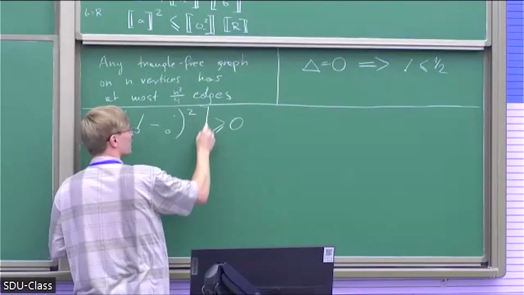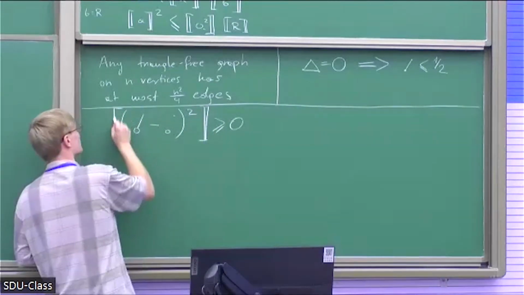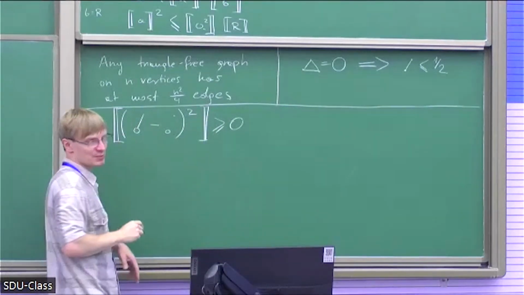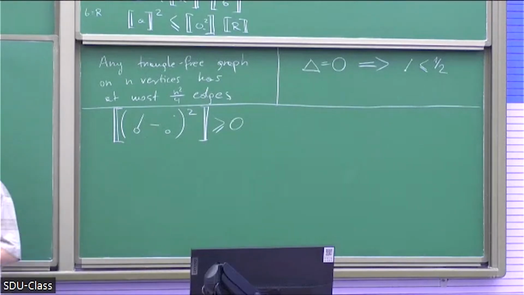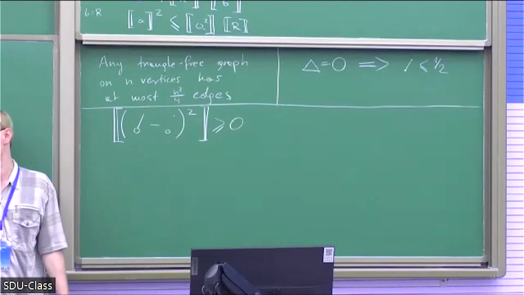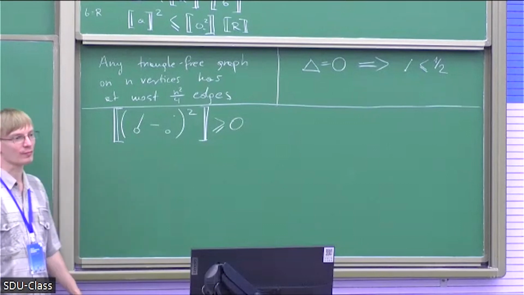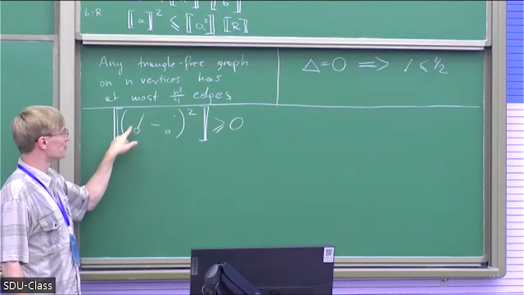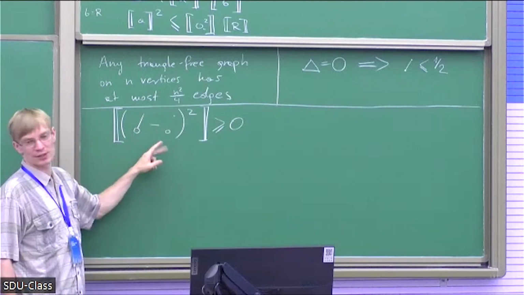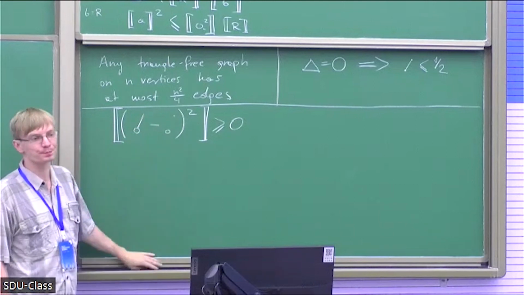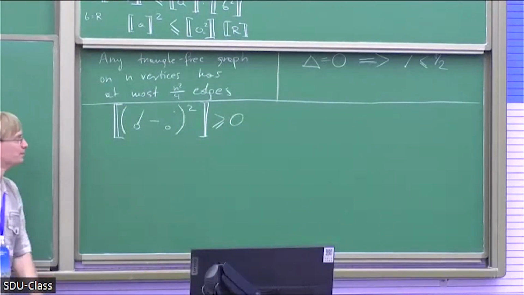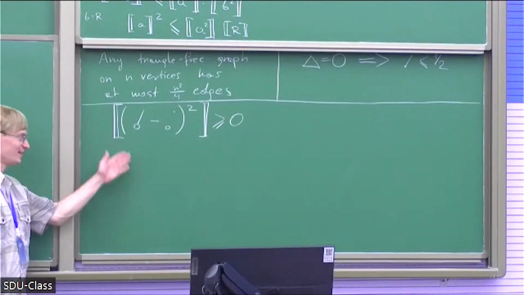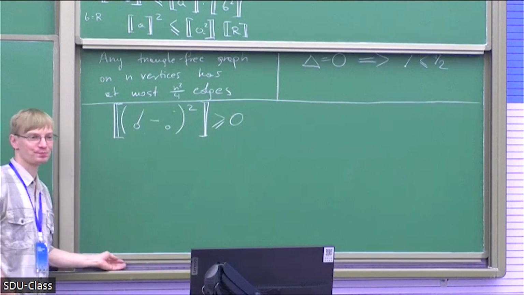And if I average, so it's just summing up over all possible placements of the root, it's still non-negative. Yes, definitely I can write that this is a true inequality. Let me read it. It's just edge with a rooted vertex minus non-edge with a rooted vertex. Okay, so let's compute what it gives.